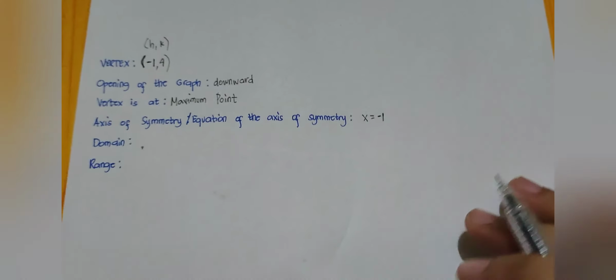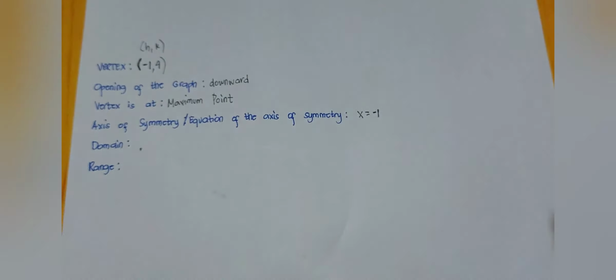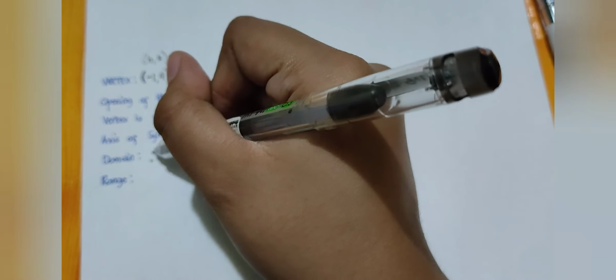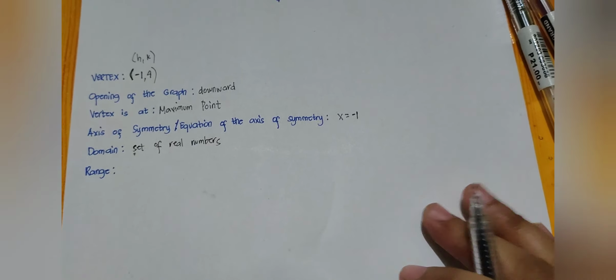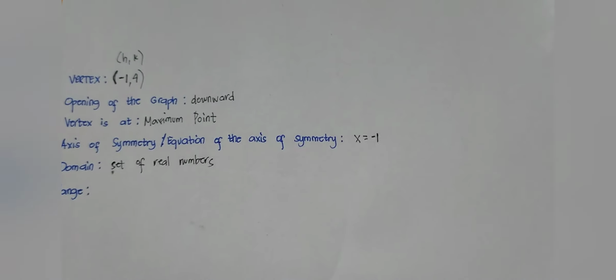Then, ang ating domain, di ba, ang sinabi ko kanina, ang domain natin is always set of real numbers. Okay, set of real numbers. Then, ang ating range magdidepende sa graph.